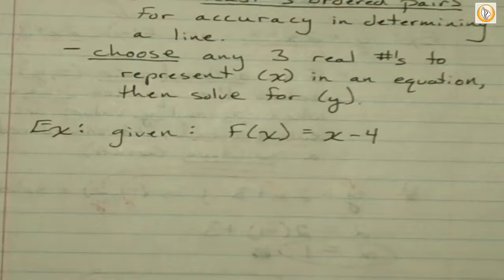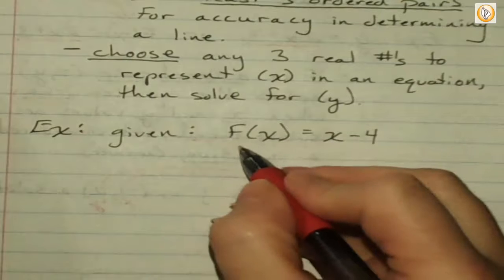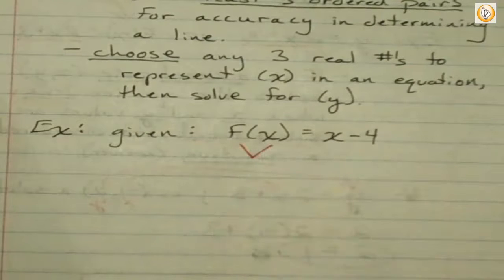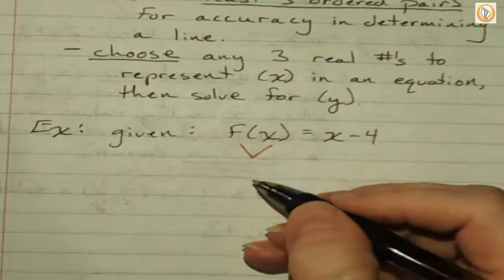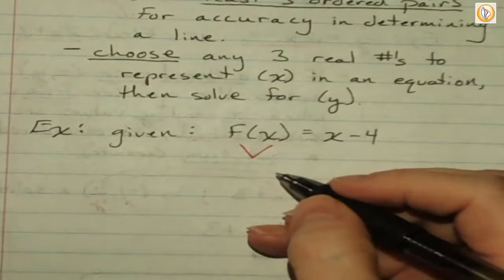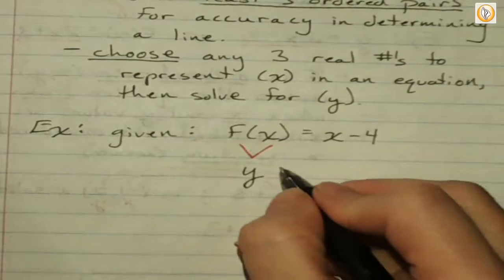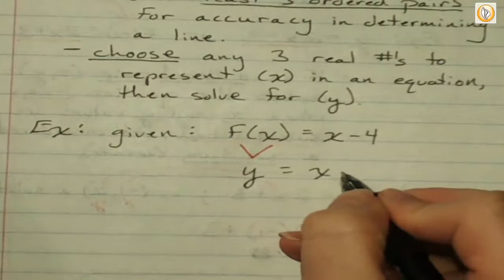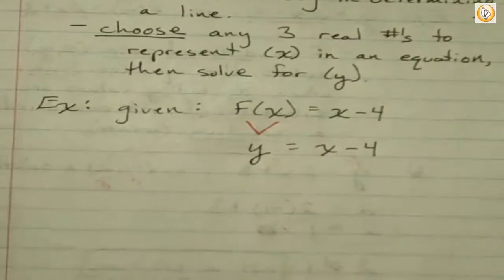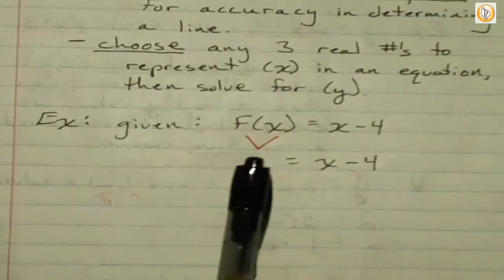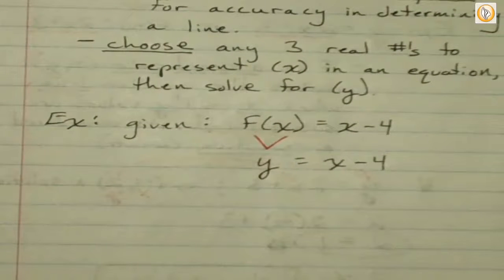Now, remember, what does f of x really mean? What's another way of saying f of x? y. So y, we can say y equals x minus 4. Because then you're like, oh, well, I get that. This f of x sometimes is kind of crazy.